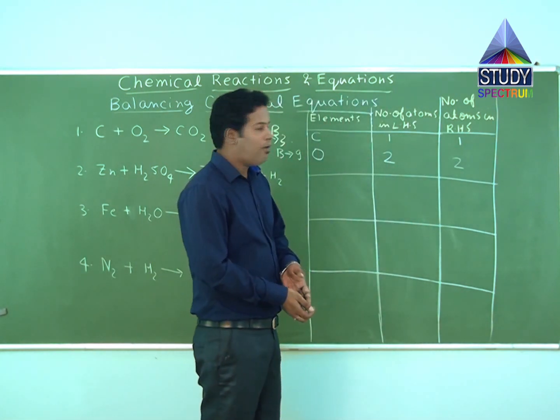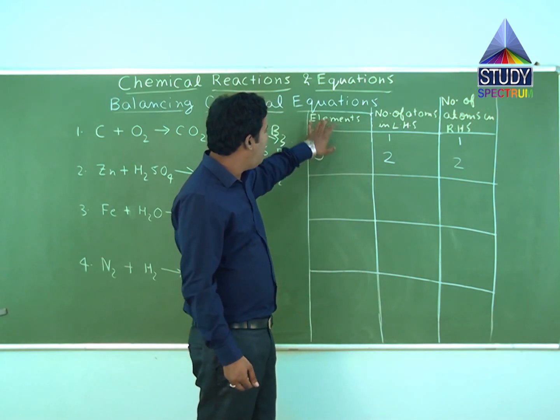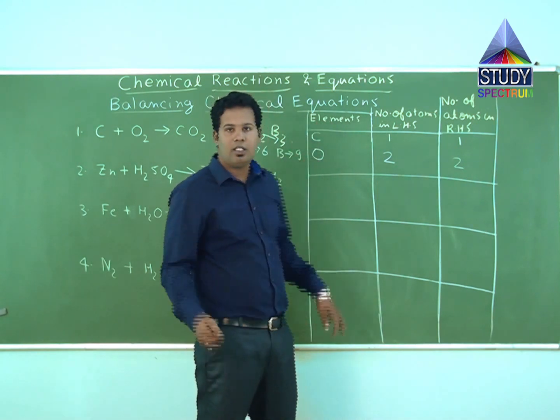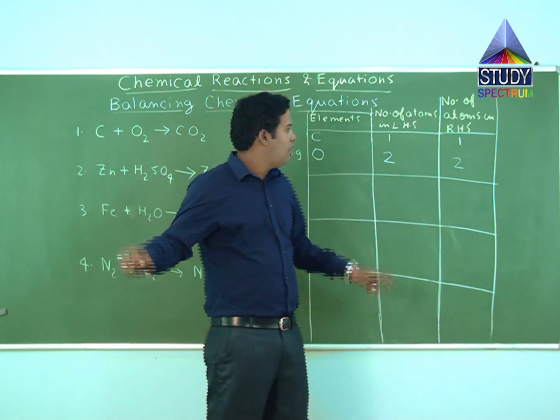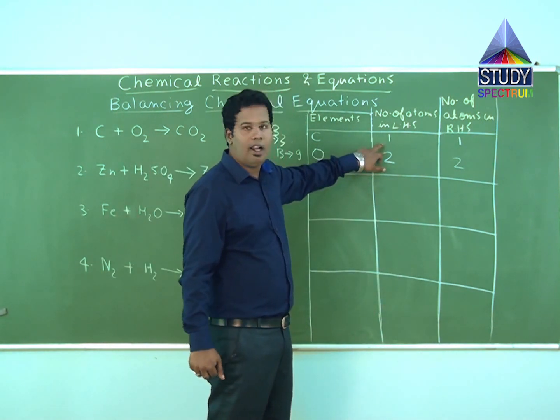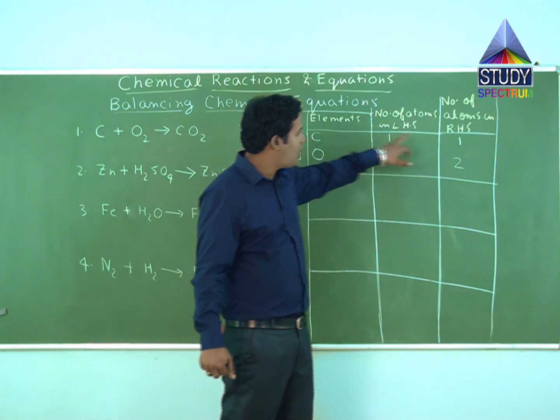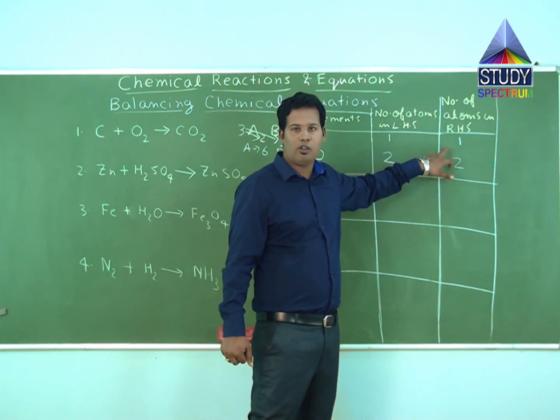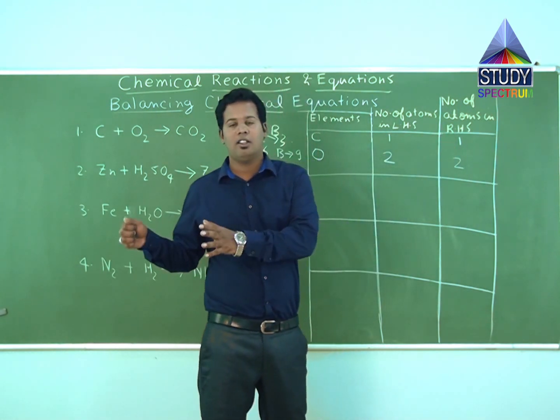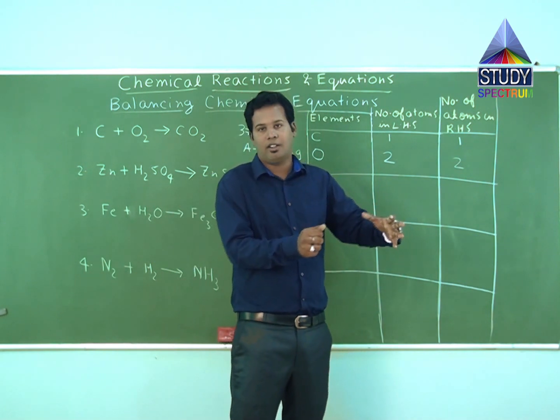Correct? Now if you see this table, the elements are carbon and oxygen in this particular reaction. The number of atoms of carbon in LHS is 1. The number of atoms of carbon in RHS is also 1. So the number of atoms in LHS is equal to the number of atoms on RHS.